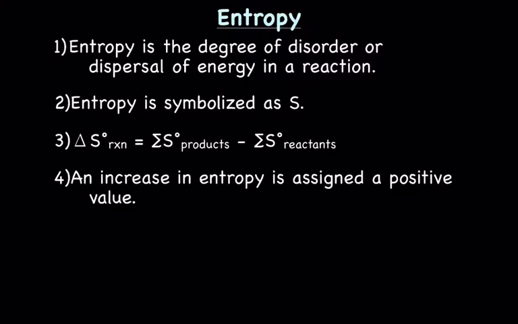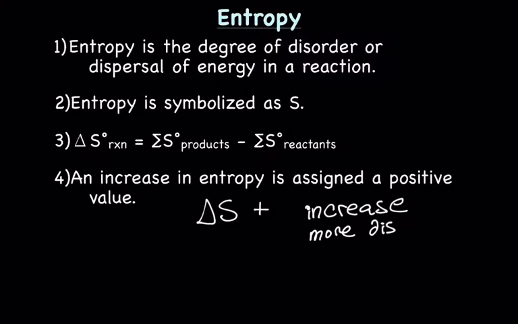So an increase in entropy is assigned a positive value. If we have a delta S that is positive, we have an increase in entropy, meaning more disorder or more dispersal of energy.